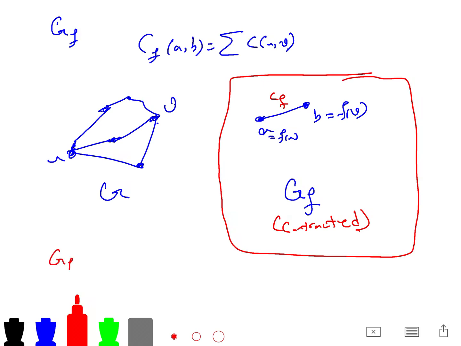So we say that G of f, generated by f, is a zero extension of G. It's very beautiful because the contraction that David Karger used, now we can do in a more systematic, more structured and mature way to represent.